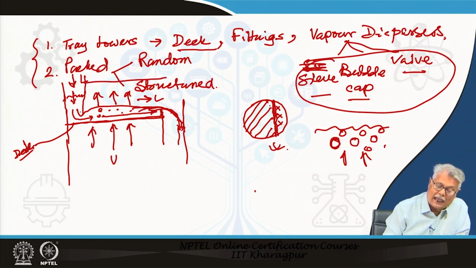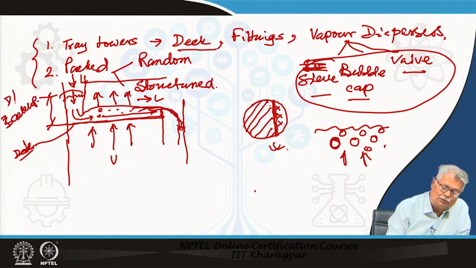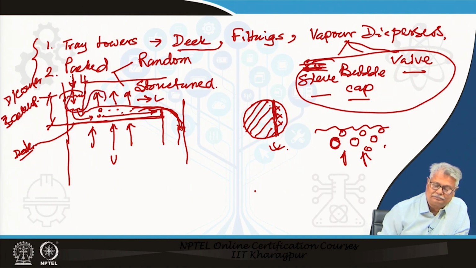So, if I have a very little amount of level in this particular downcomer, and this depth is called the backup, or the downcomer backup, this particular depth. If I have a very little amount of downcomer backup, it is also possible that part of the gas will start short circuiting through this.